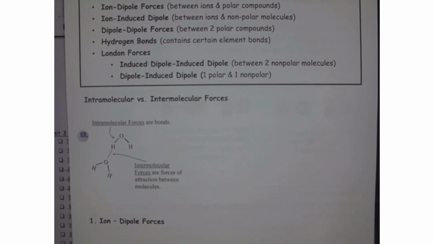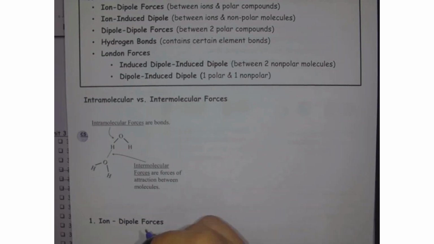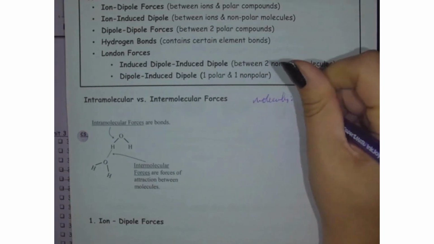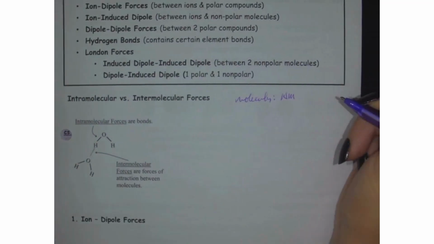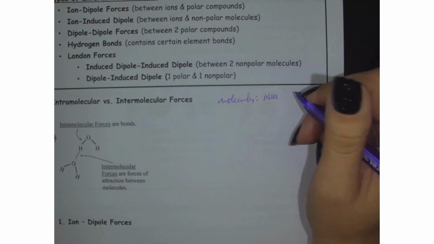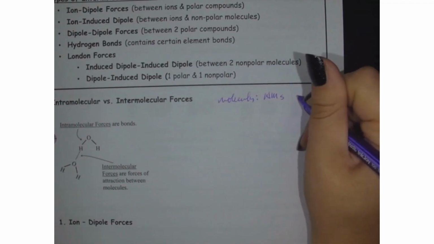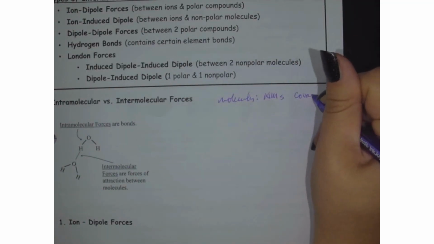So first reminder, molecules are covalently bonded atoms. They're non-metals, okay? A non-metal bonded to non-metal, so non-metal atoms, and they are covalently bonded.